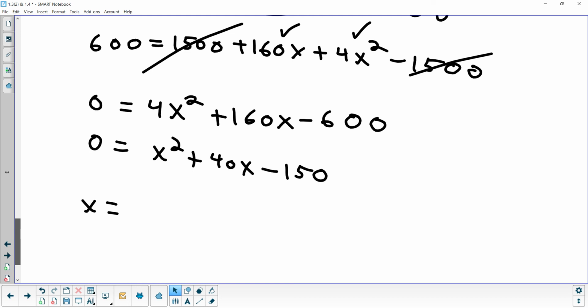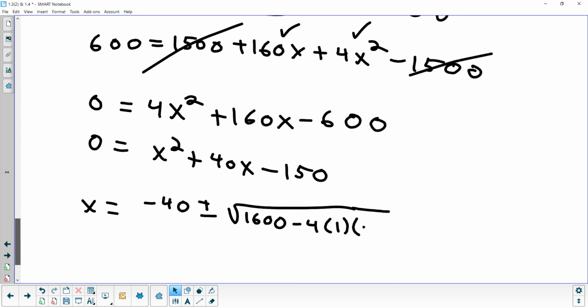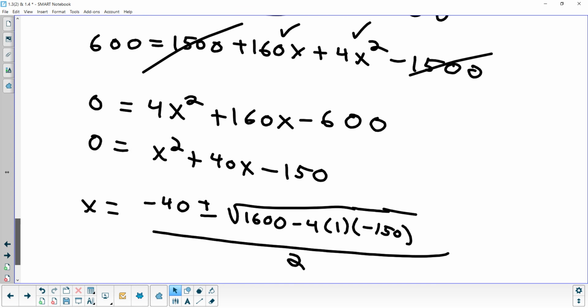So, I'm going to have negative b plus or minus the square root of b squared minus 4 times a times c. And what is it all divided by? Anyone remember? Yep, 2. In this case, 2a, but a is 1. Remember, a, b, c. So let's check it. Negative b plus or minus the square root of b squared minus 4ac all over 2a.